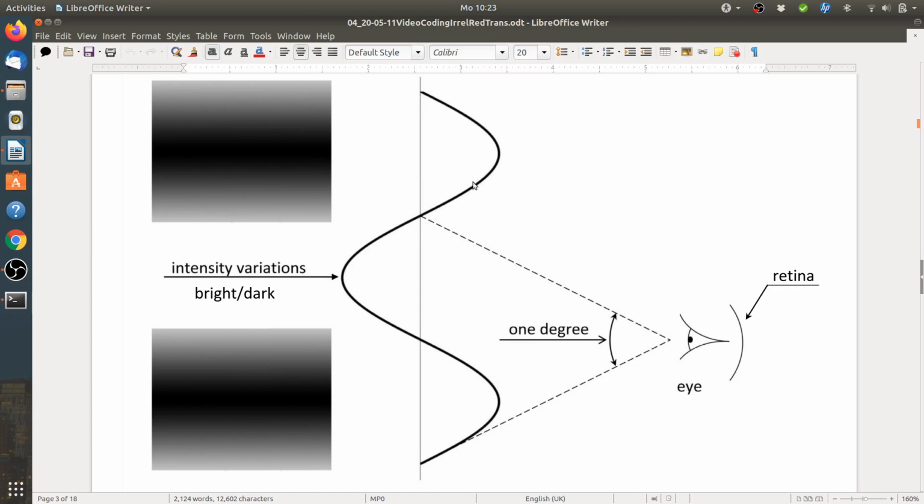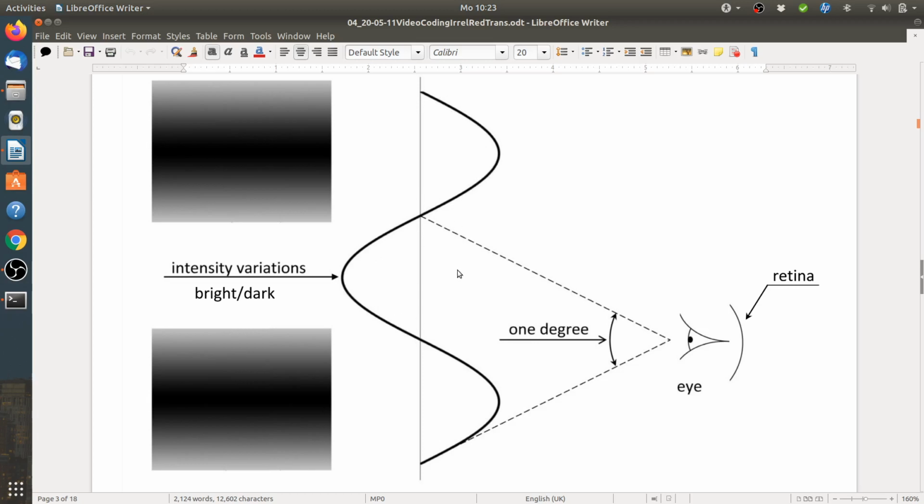Here this vertical sinusoid depicts the brightness. When it's left, you have maximum brightness. When it's towards the right, you have minimum brightness. And here you can see one complete cycle. It goes from gray to black to white and then back to gray. That's one bright and dark cycle.